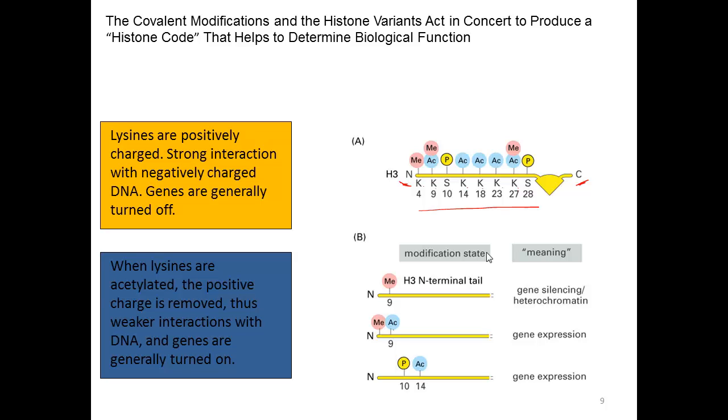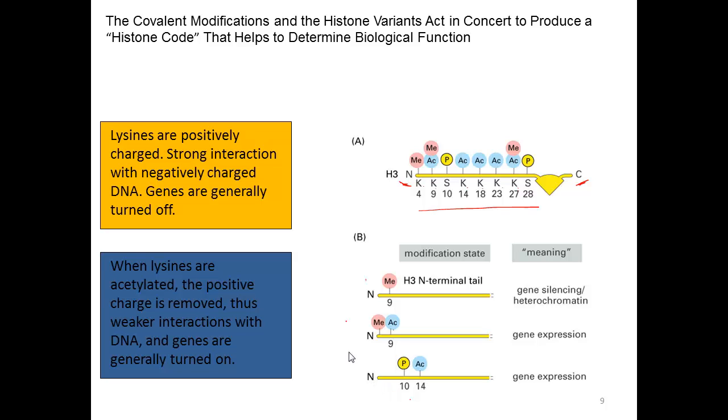When the lysines are acetylated, that neutralizes the positive charge into a neutral state, and now a neutral histone tail will interact less strongly with the negatively charged DNA. And in this case, genes in this region of the chromosome are turned on. There are many intricate details about the modifications of the various residues in different locations of the histone tail, and this is referred to as the histone code, which is still being elucidated.